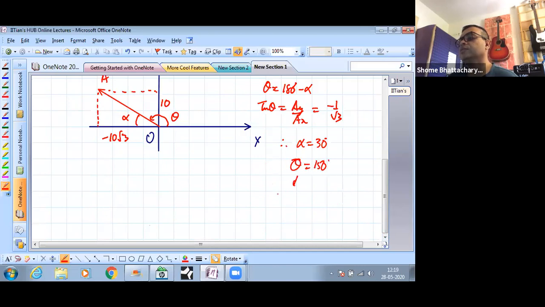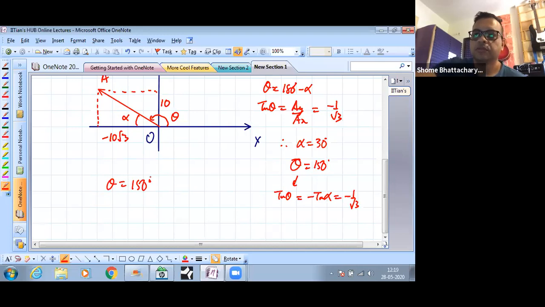That is what is showing you that tan theta is minus tan alpha, which is minus 1 by root 3. So the angle theta becomes 150 degrees. Hope this is clear, people. So that's the first question.